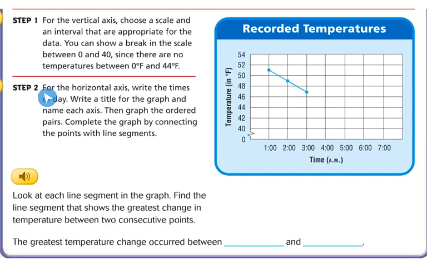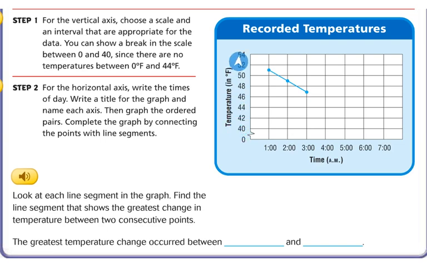Step 2. For the horizontal axis, write the times of day. So we're going to write 1 a.m., 2 a.m., 3 a.m., 4 a.m., 5 a.m., 6 a.m., 7 a.m. Then we labeled that axis time, and we put the unit in parentheses, which is a.m. Then it says write a title for the graph and name each axis. We come up to the y-axis.